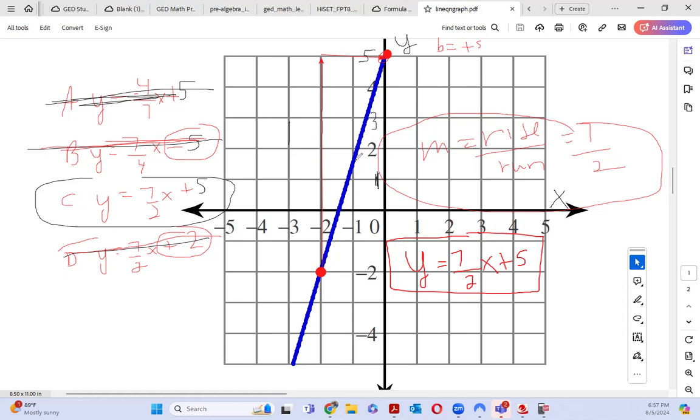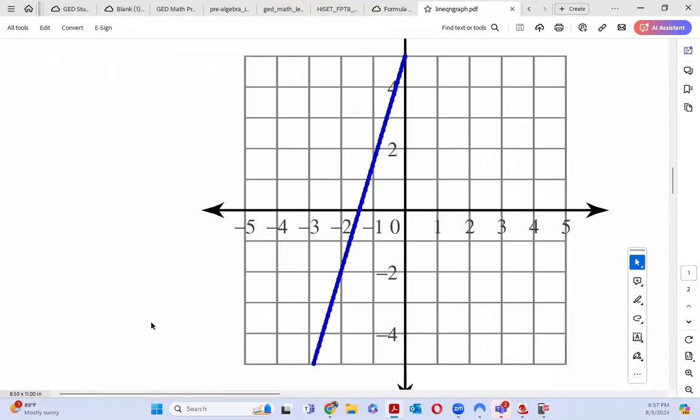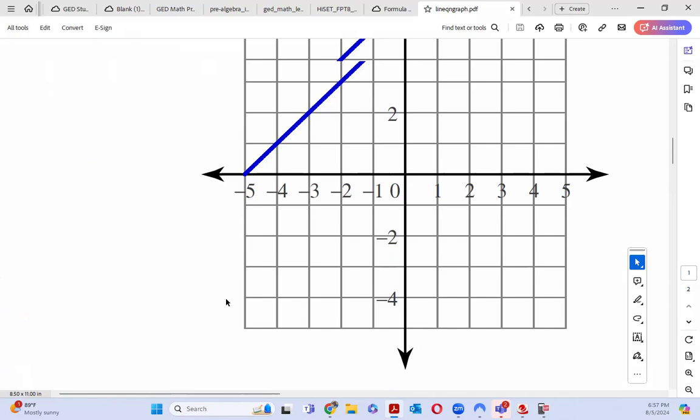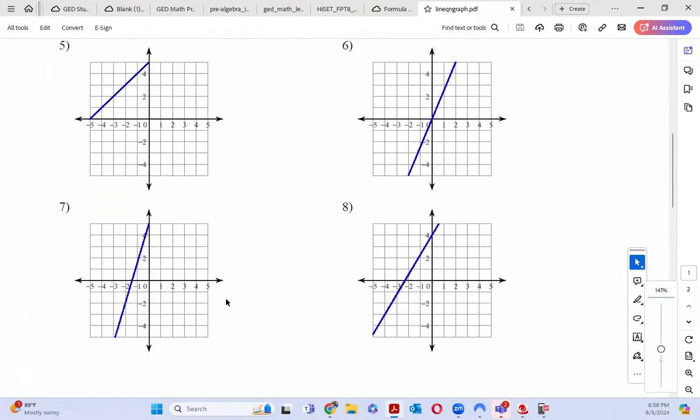First thing you're going to look at, is it positive or negative? I'm giving you the roadmap. So for example, watch this. Let me save this and let me clear this. And what I'm going to do is, let's look at these 4 right here, 5, 6, 7, and 8, right?